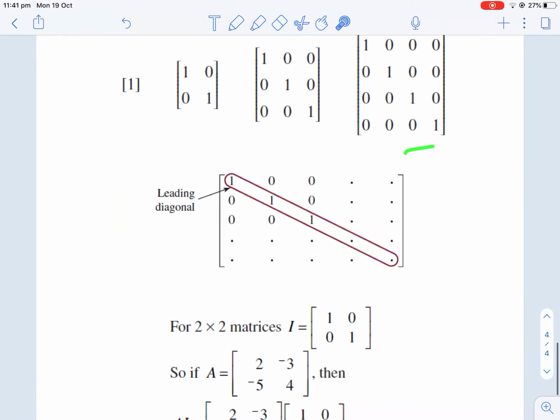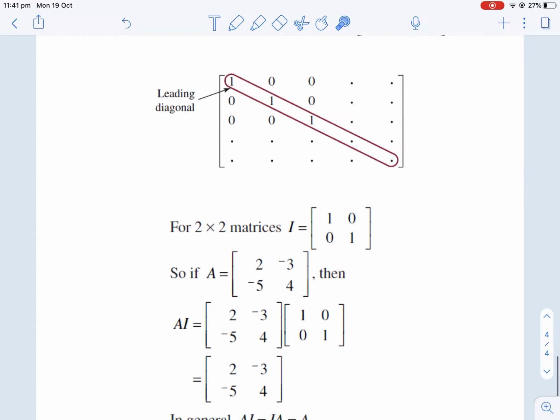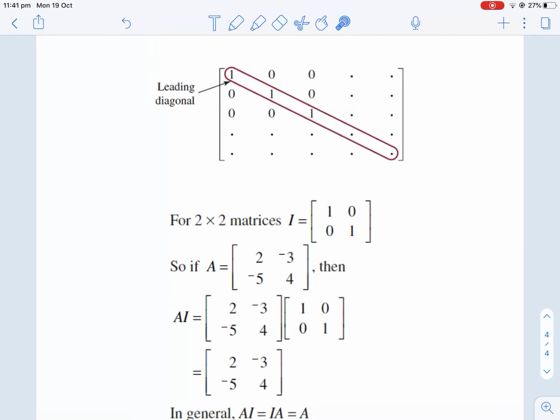So in general, the identity matrix has all the elements in the leading diagonal equal to 1 and the remaining 0. At this stage, we have only learned 2 times 2 matrices. And remember, the identity matrix of any 2 times 2 matrix is this one.